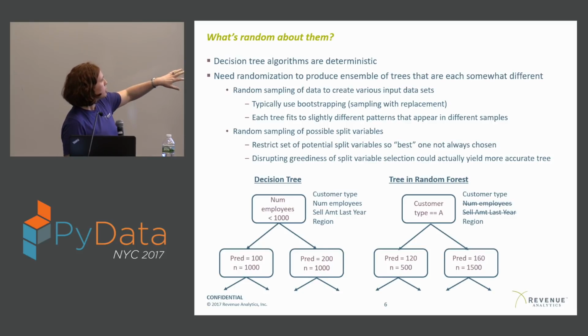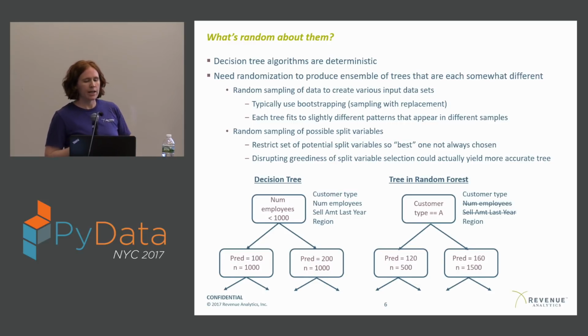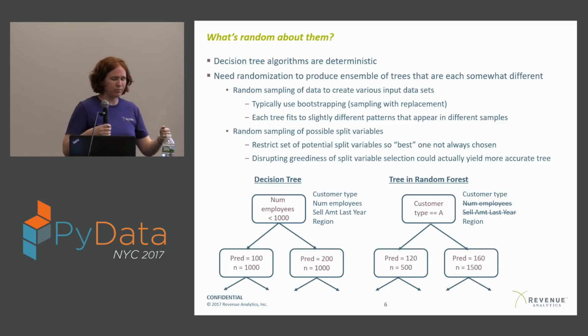So in a typical decision tree, like the one on the left, let's say we had 4 predictors in the model: customer type, number of employees, sell amount last year, and region. The decision tree algorithm will decide, hey, I get the best split if I split on number of employees at the value of 1,000. And it will iteratively do that at every level in the tree, and that's how it builds out the tree.